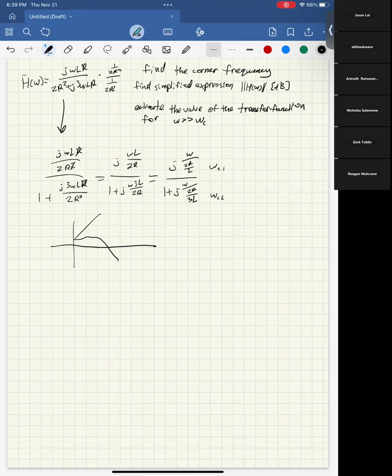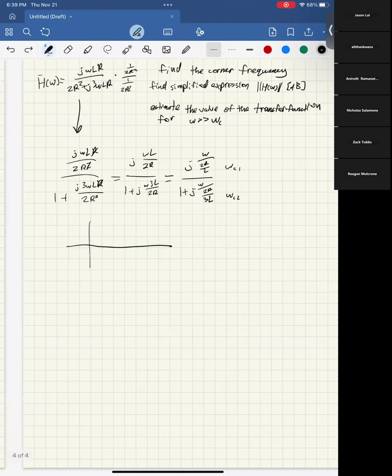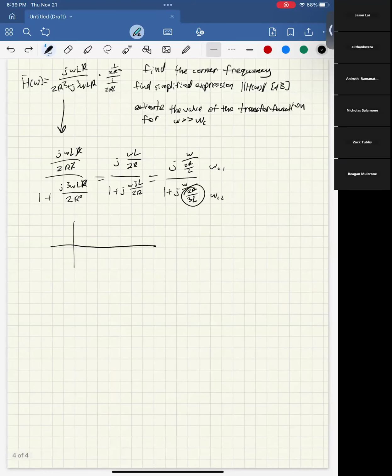What we actually care about in terms of this cutoff frequency is when the magnitude starts to go down. Because if we were using this as a filter to only let low frequencies pass and cut off the high frequencies, then you would want the cutoff to be when it starts going down. And in this case, it starts going down at that point.